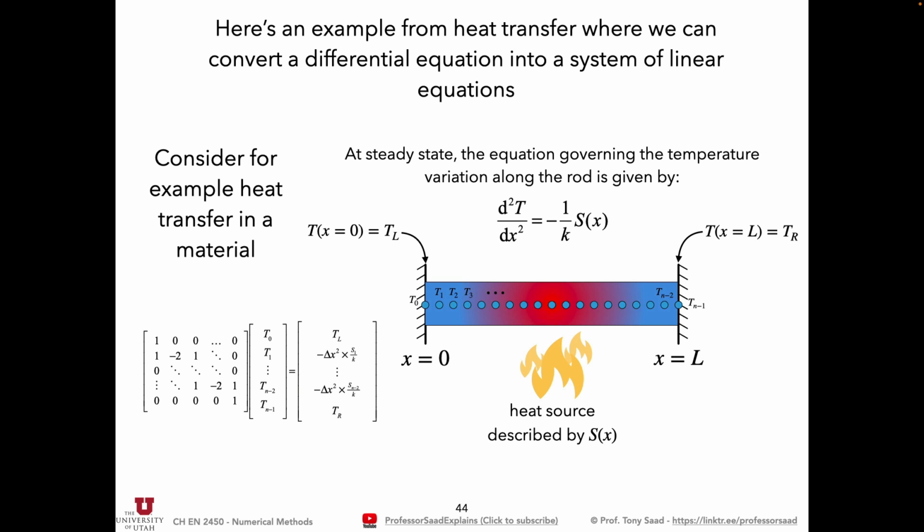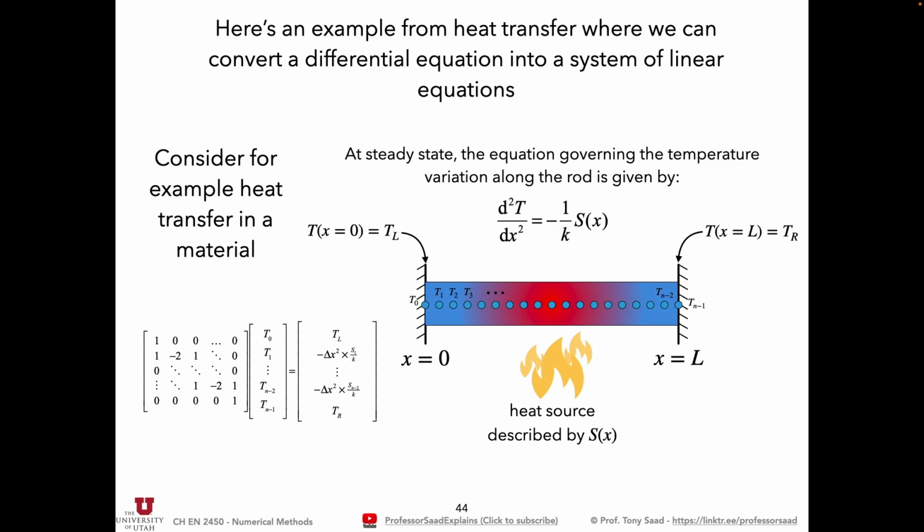And remember, at each point, I need to have one equation. Is it n by n size? Yeah. Because you need to have as many equations as there are unknowns. So if you put 100 points, you're going to have 100 by 100. If you put 1,000,000 points, you're going to have 1,000,000 by 1,000,000. And trust me, we're going to solve this problem and plot the temperature and see how it changes.